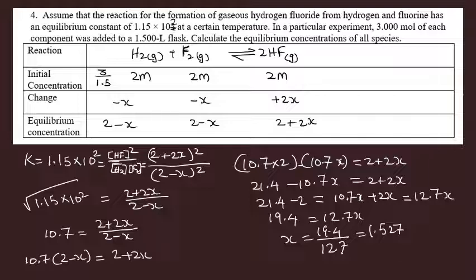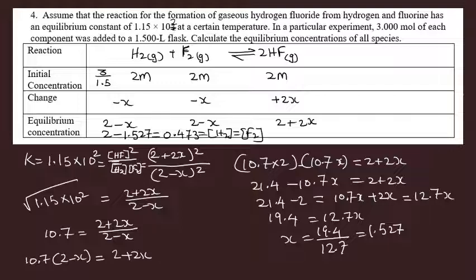So we have the x value now. We just have to substitute in the equilibrium concentration. So that means for hydrogen, what we will have is 2 minus 1.527, that equals 0.473, which is same as for fluorine. So I can just write that equal concentration of hydrogen, and which is same as concentration of fluorine at equilibrium.